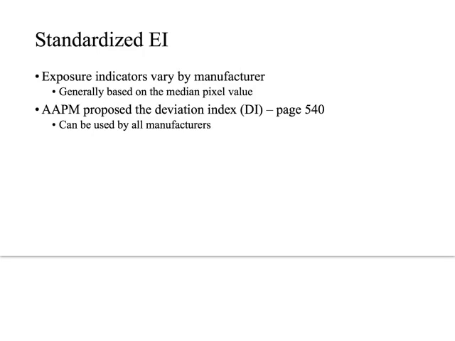In general, those exposure indicators are based on a median pixel value, and the book talks in some depth about the difference between a mean and a median, so it's worth reviewing. But this resulted in the American Association of Physicists in Medicine proposing the deviation index, which can be used by all manufacturers as a way to standardize the EI.